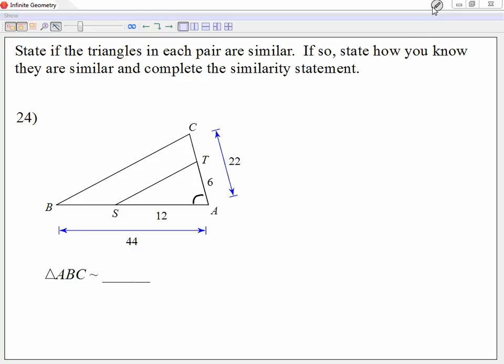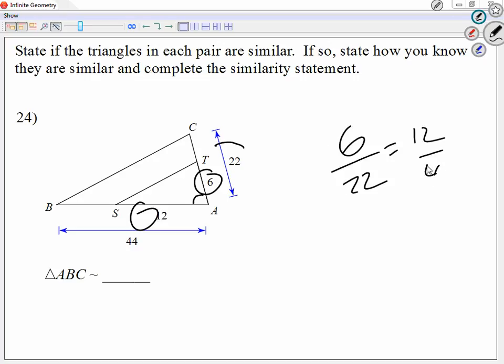Number 24? Okay, so I said I would try to go for side angle side. Looking at one of my triangles, my numbers are 6 and 12. So I know 6 is smaller than 12, so I will just write 6 is smaller than 12. For the other triangle, I have 22 and 44.